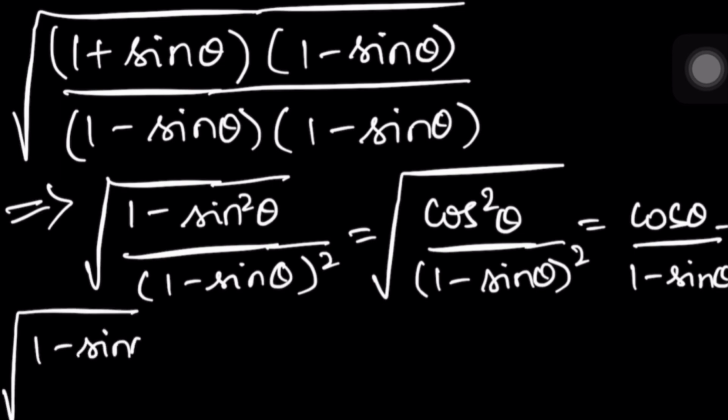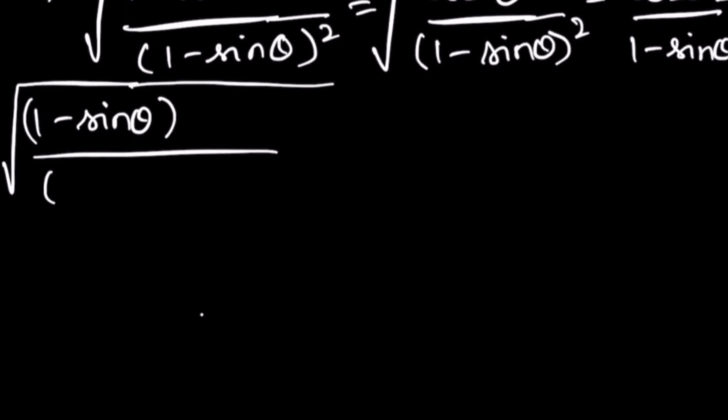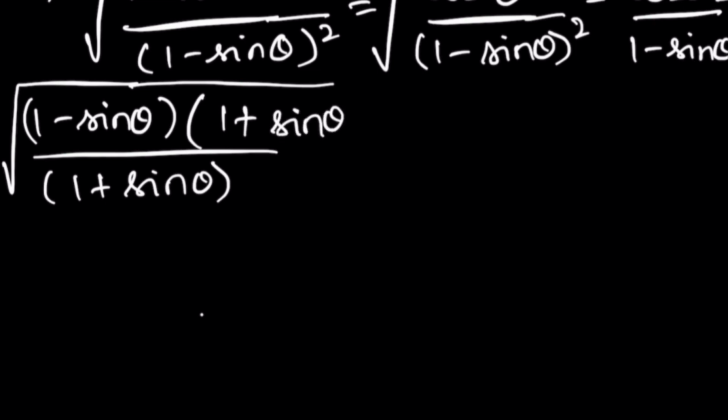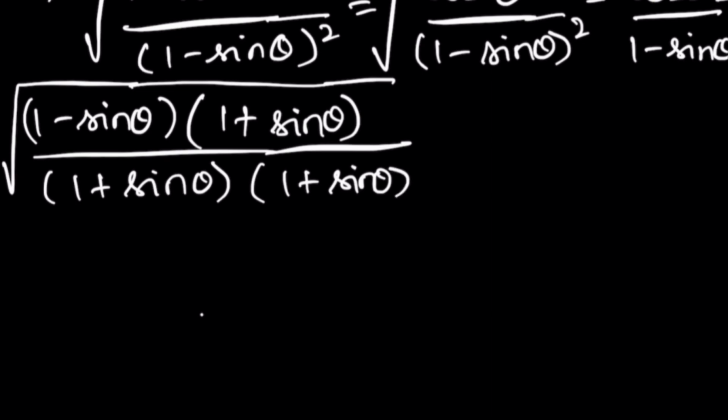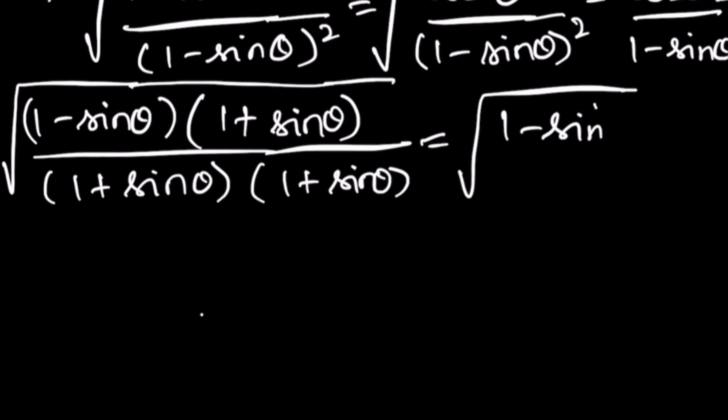Now I take the second term, that is 1 minus sin theta divided by 1 plus sin theta. I multiply and divide by 1 plus sin theta because we want to eliminate whatever we can.